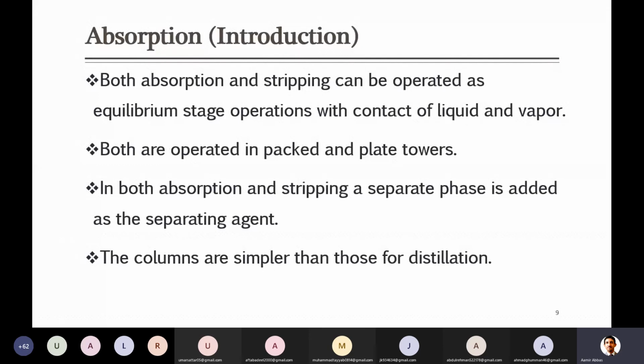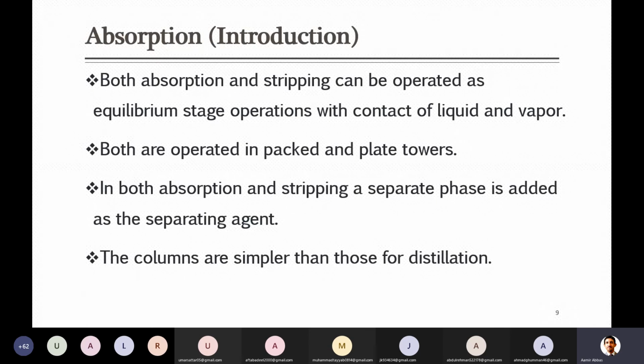In some cases, based on process requirements, you can use a condenser at the top of the column. One student asked a question in the chat related to a stripping reflux column: a simple stripping column with a condenser at the top, where vapors reaching the top were condensed and refluxed back to the column.